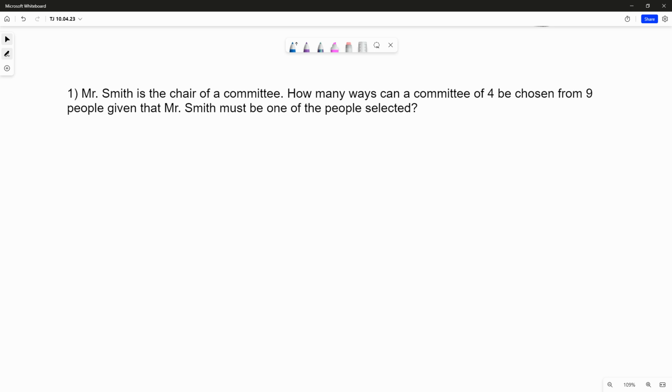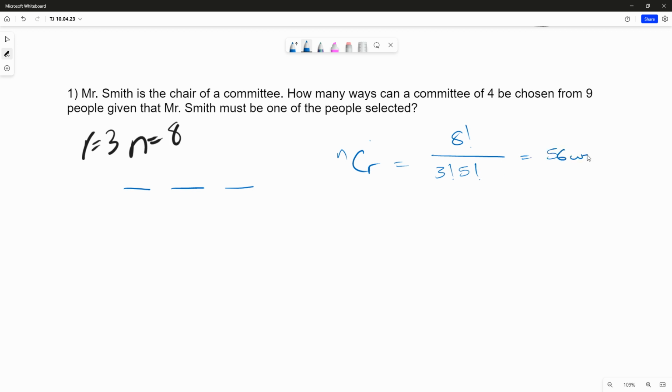So Mr. Smith is already chosen. So r is equal to 3 and n is equal to 8. And then we take nCr, which is going to be equal to 8 factorial over 3 factorial times 5 factorial. And it'll come to 56 ways.